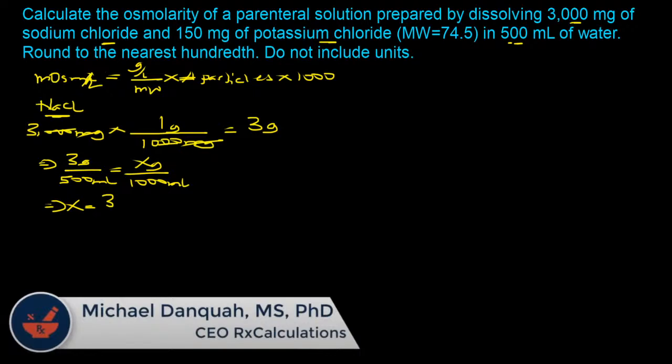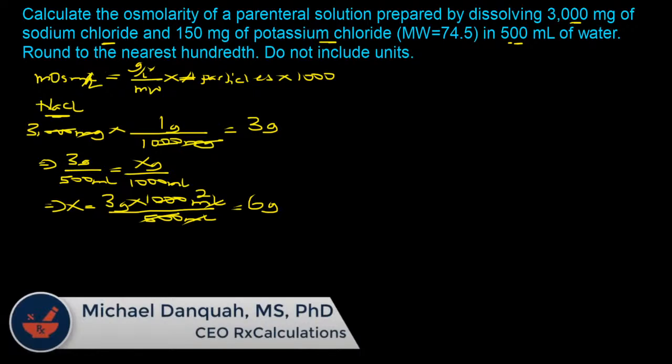So here we have 3 grams times 1,000 milliliters divided by 500 milliliters. And that gives us 6 grams in a liter. So we know this quantity.